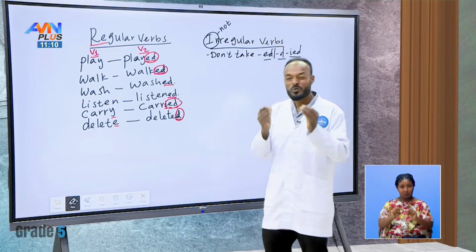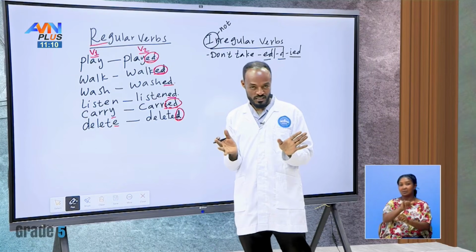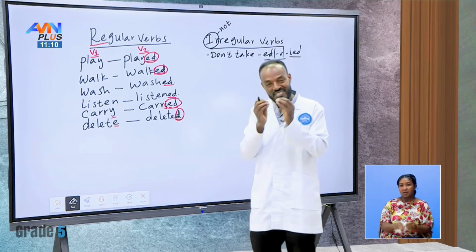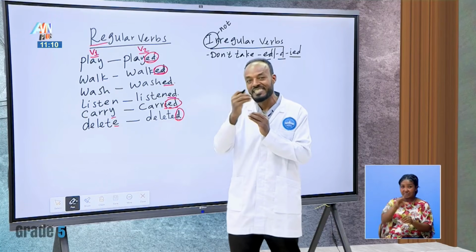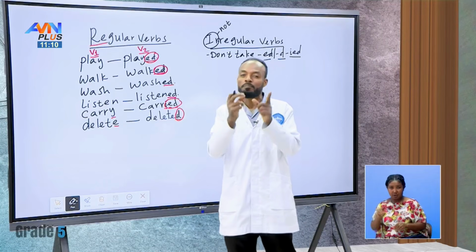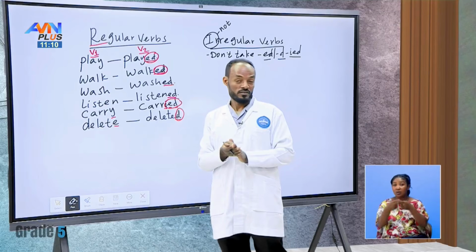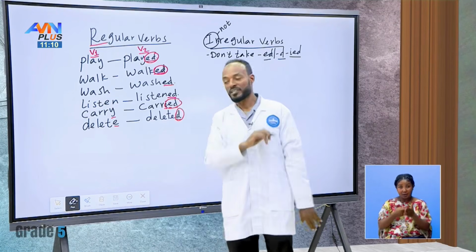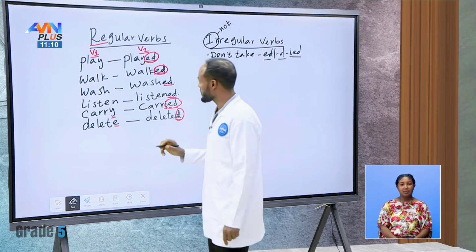Okay? They do not take such structure. If they do not take such structure, d, ed, and ied, they can be said irregular verbs. Is it clear? Good. Let me give you some examples.